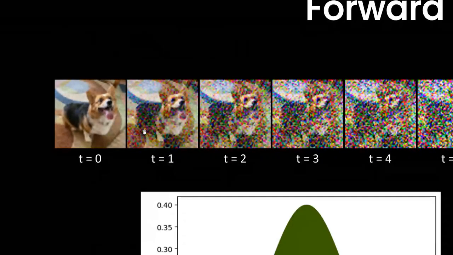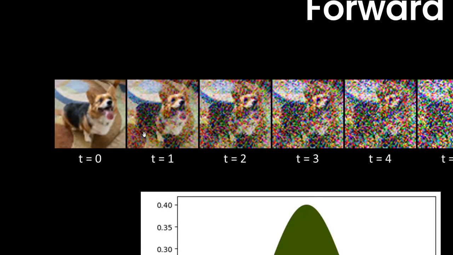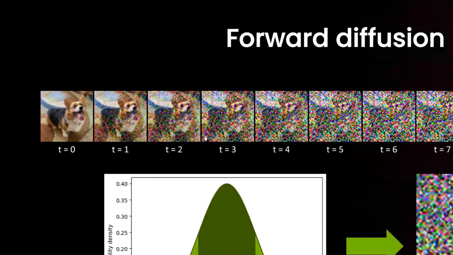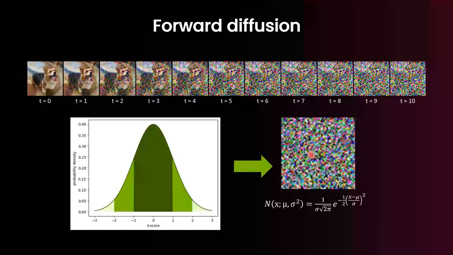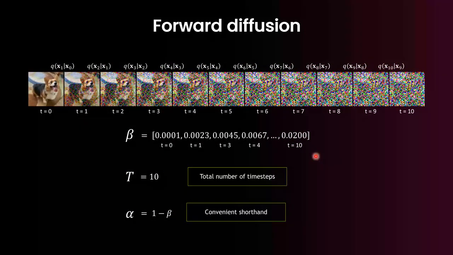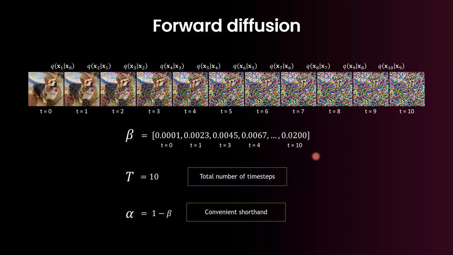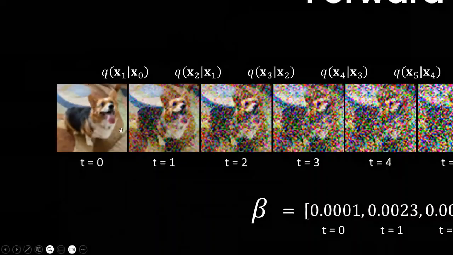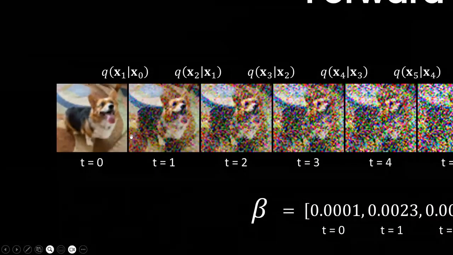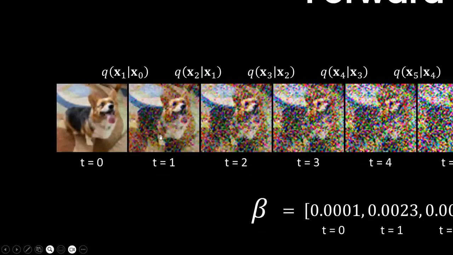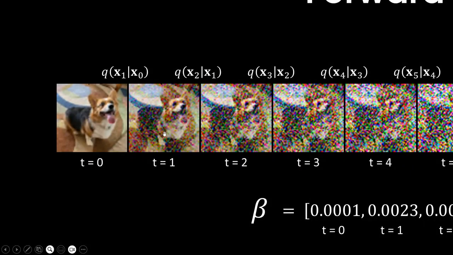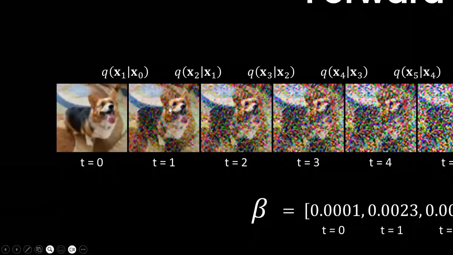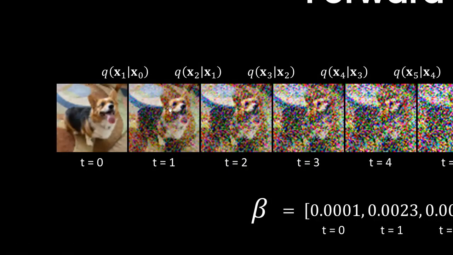More noise is added at the upcoming steps, and by the end of this process the image becomes full noise. We call this a Markov chain, which basically means that the current state of the image, say x at t2, where t stands for timestamp, is based on the most recent state.